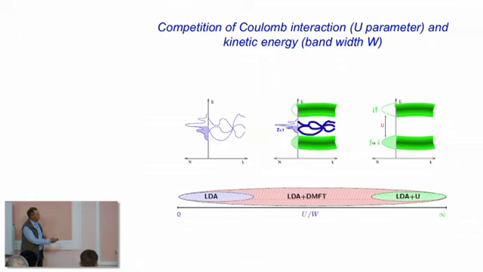The most interesting case is in the middle, when U/W is around 1. Then simultaneously we have localized features in the spectra, so-called Hubbard bands, lower and upper Hubbard band. But at the same time, we have quasi-particle bands. And those are not different electrons. The same electrons give us both the localized and itinerant picture. That is why it is so difficult to treat.